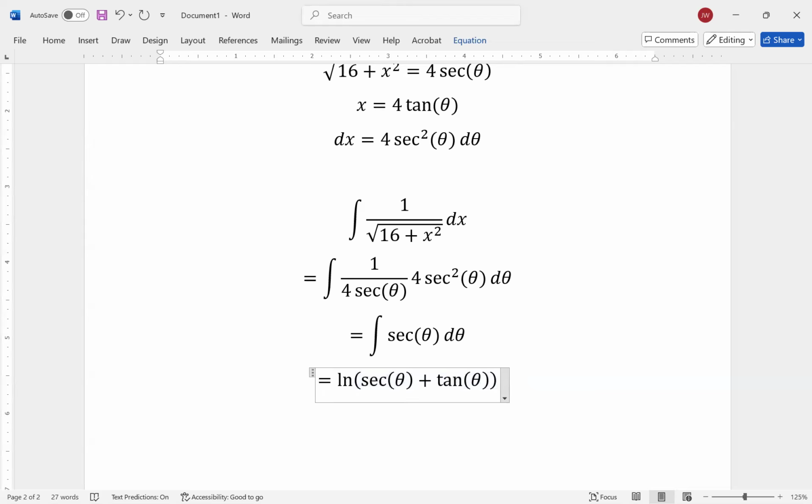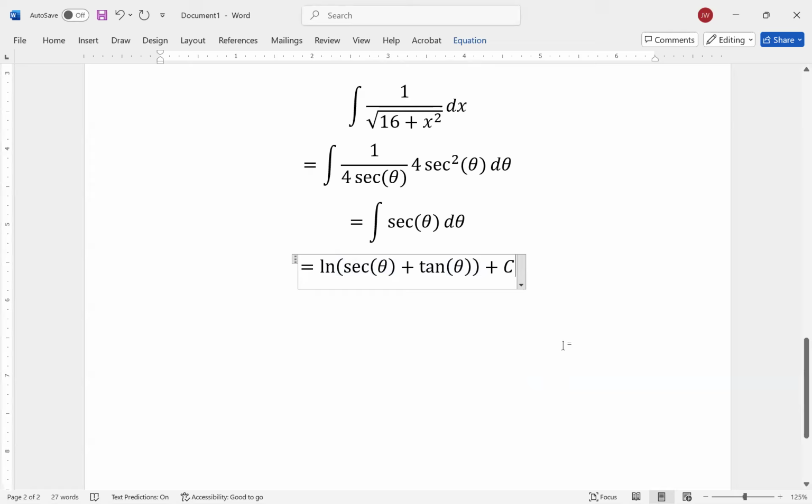So we got natural log of secant plus tangent plus c. I'll give you my final answer here, and then we'll come back to how I got natural log of secant plus tangent. That's a very interesting trick to go from secant to this.